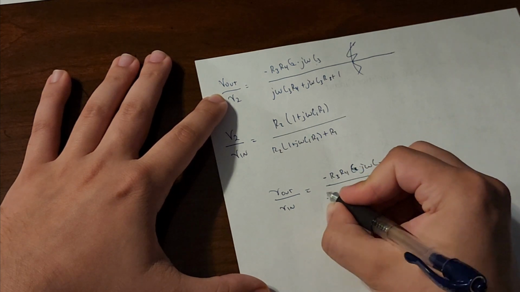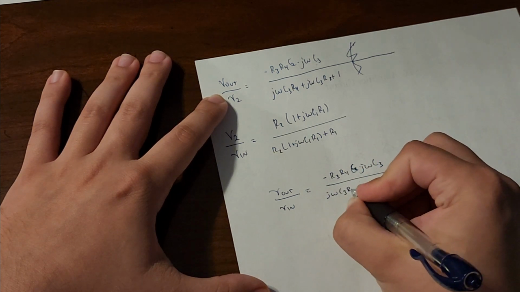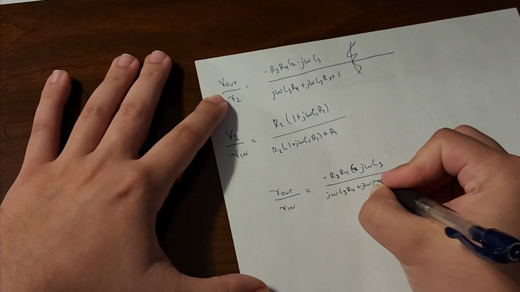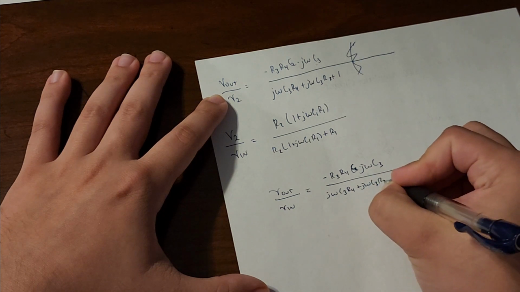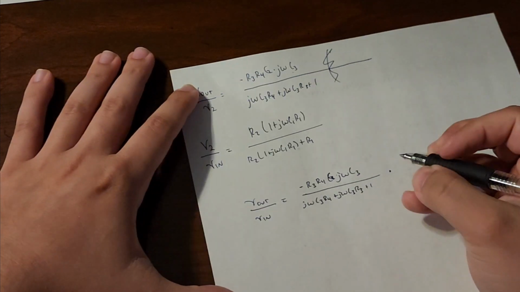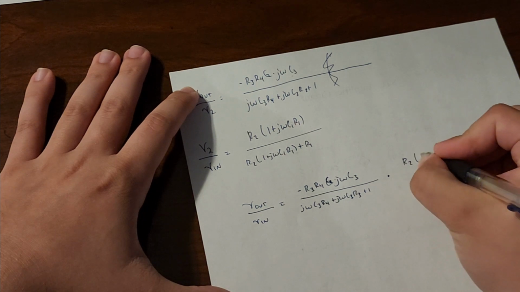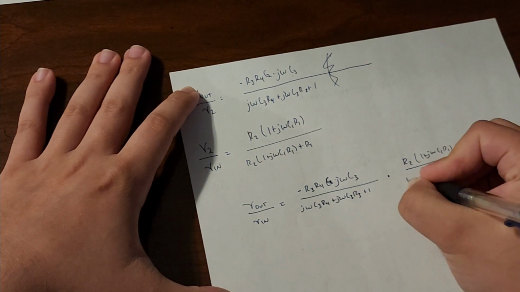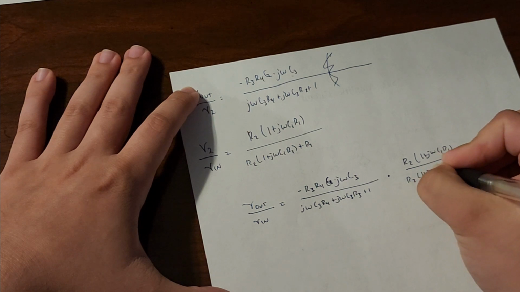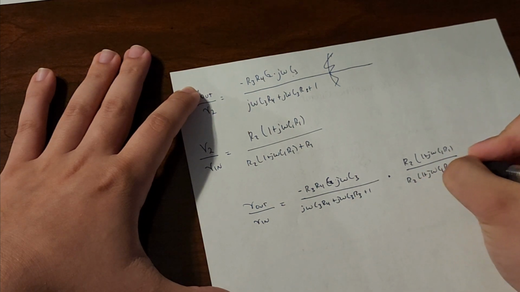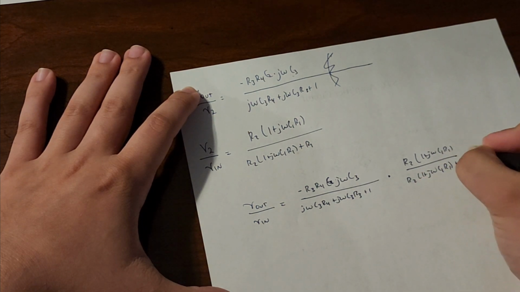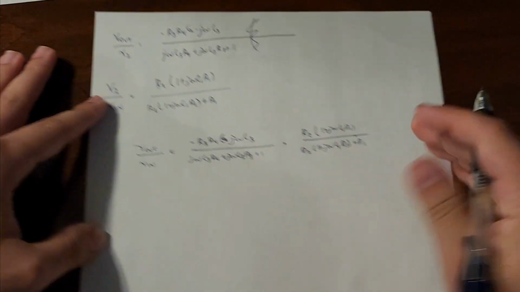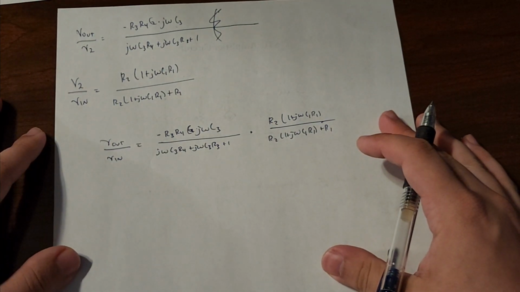Divided by j omega C3 R4 plus j omega C3 R3 plus 1 times R2, 1 plus j omega C1 R1 divided by R2, 1 plus j omega C1 R1 plus R1. Hopefully y'all can see that, my bad.